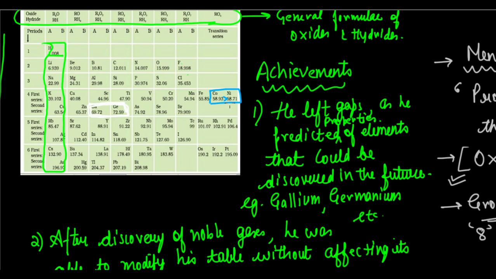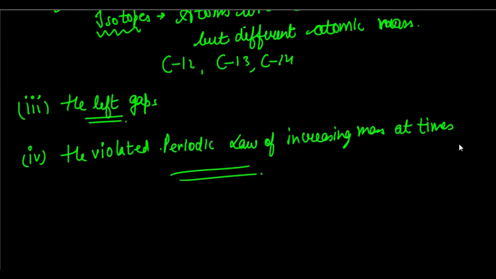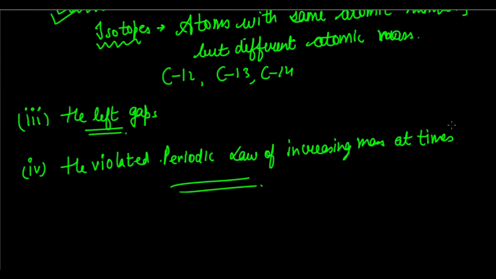Cobalt 58.93, nickel 58.71, but cobalt is being placed before nickel, even though it has a higher mass. So although again this is an achievement because it was brilliantly done to ensure the periodicity of properties, but still he violated that law, and to some extent it was a problem, right?